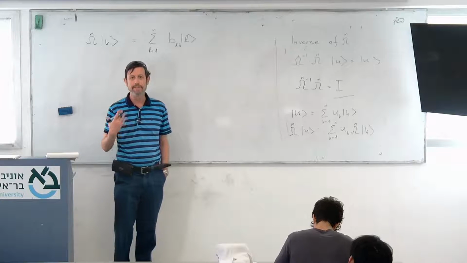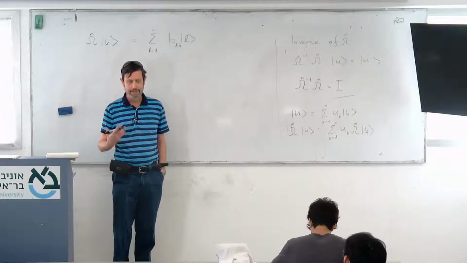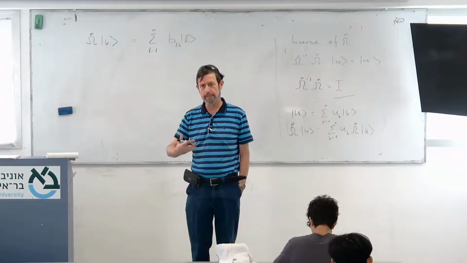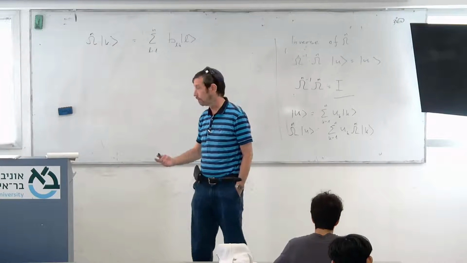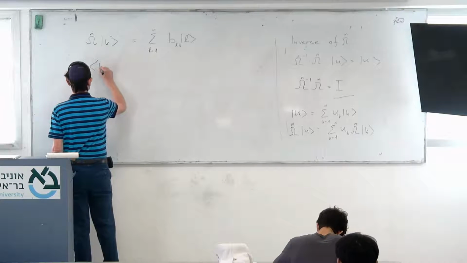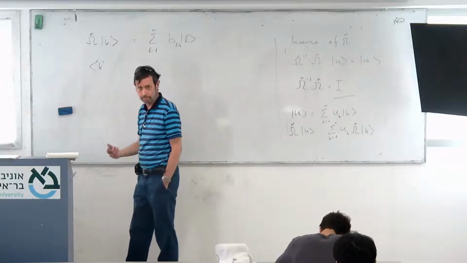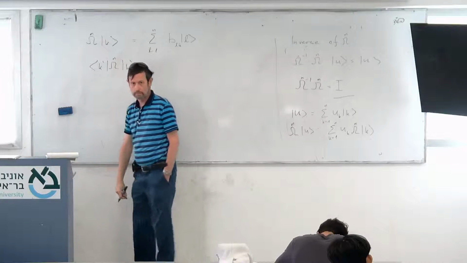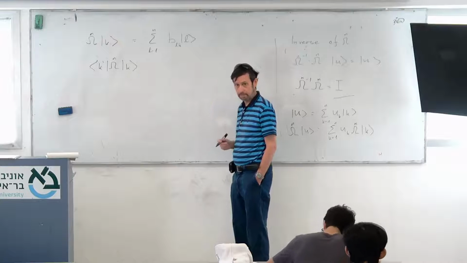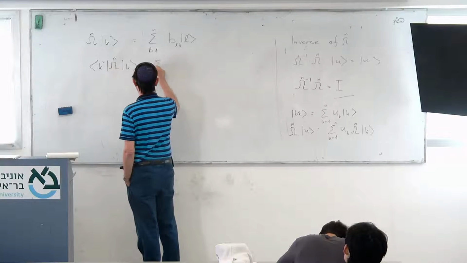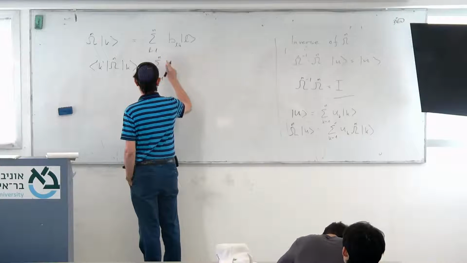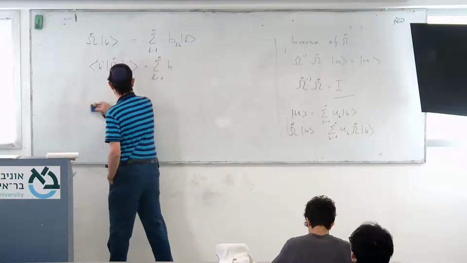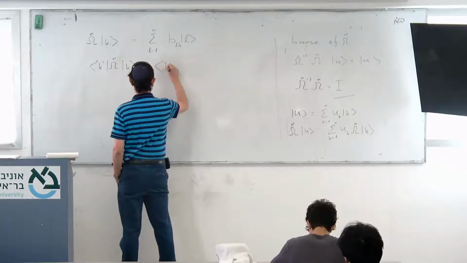Similar to the way that we teased out the value of the scalars representing any vector, I'll multiply it by k prime, let's say. Step.